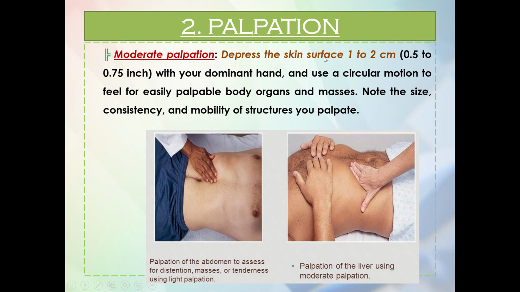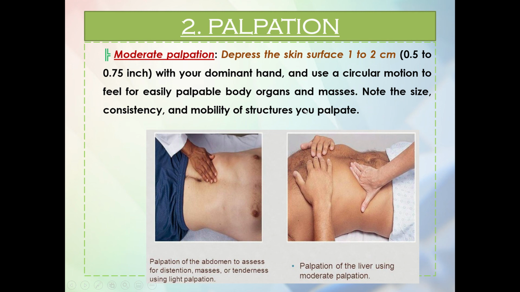For moderate muna, moderate palpation. So for moderate, dito, we depress the skin surface ng 1 to 2 centimeters or about 0.5 to 0.75 inches with, again, our dominant hand and use circular motion to feel for easily palpable body organs and masses.